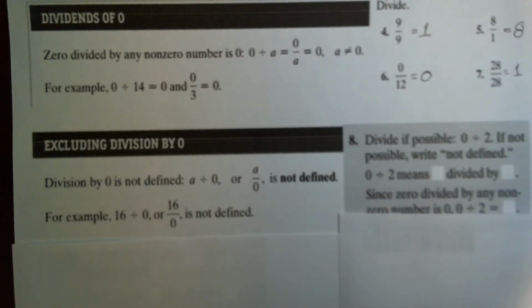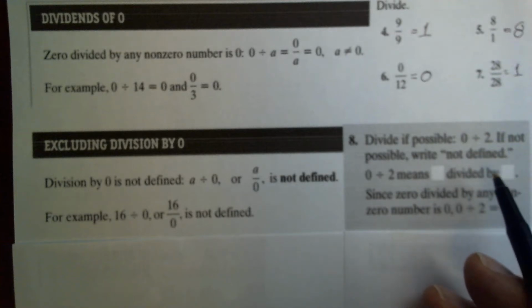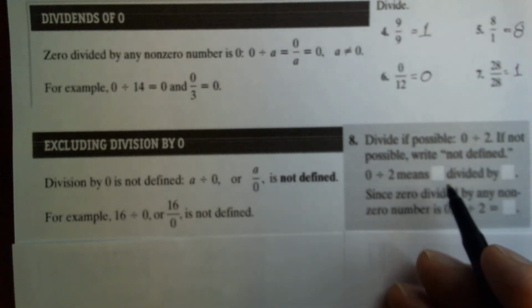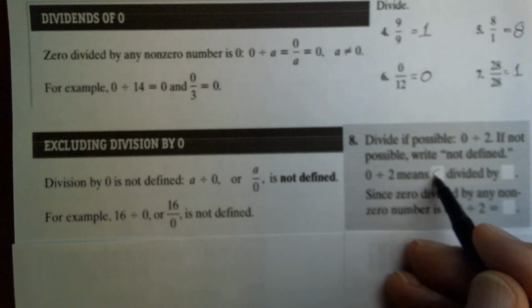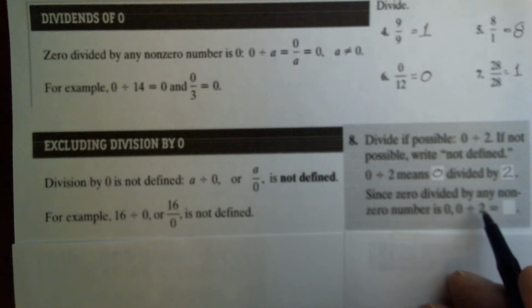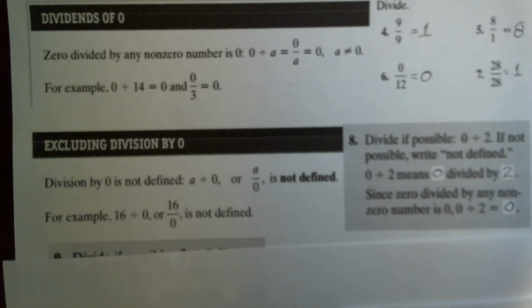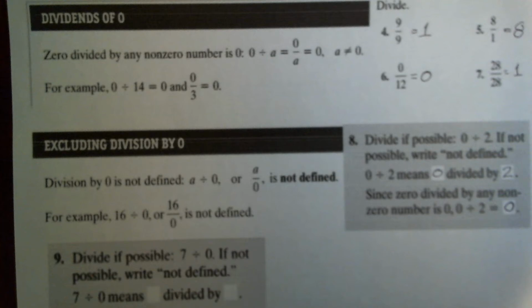And as we look at some examples here, divide if possible, 0 divided by 2. If not possible, write not defined. But 0 divided by 2 means 0 divided by 2. And since 0 divided by a non-zero number is 0, 0 divided by 2 is 0. However, if we look at number 9, divide if possible. 7 divided by 0, if not possible, write not defined.